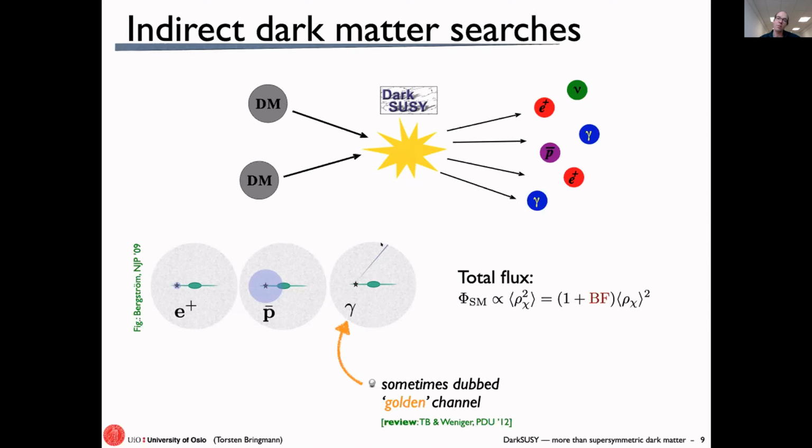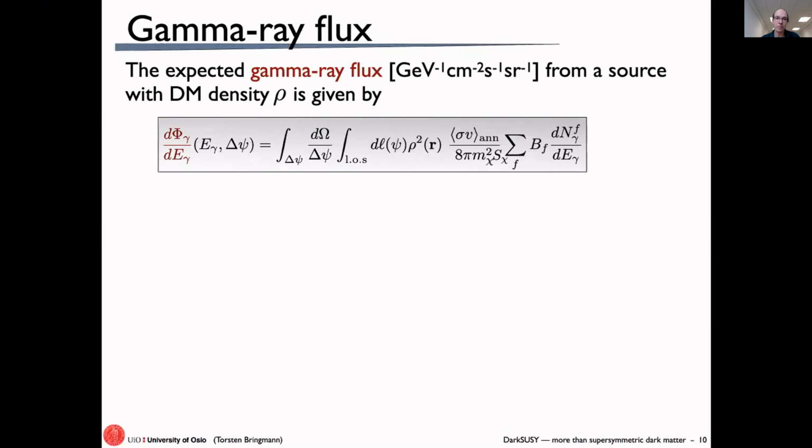This is something that is very nice about gamma rays, because they probe the dark matter distribution directly, as opposed to charged cosmic rays, which of course diffuse and are deflected by magnetic fields. So you need to know a lot more, or be much more certain, about your modeling of the cosmic ray transport in these cases than for gamma rays.